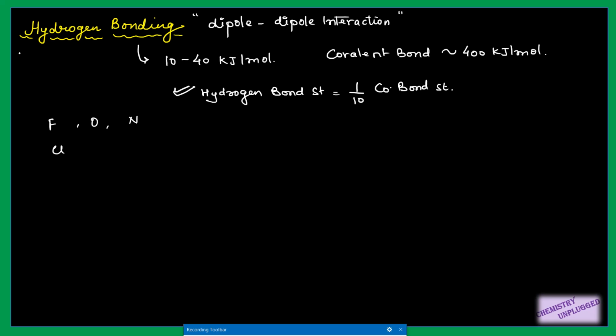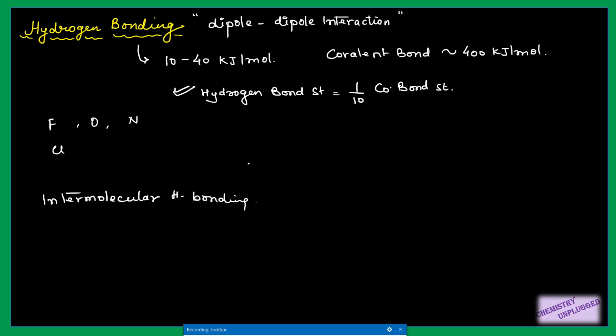So if you observe hydrogen bonding in a molecule, then its boiling point should be increased. Mostly in case of intermolecular hydrogen bonding, boiling point should be increased, right? Because in case of intramolecular, the bonding is within the molecule, so it will not directly affect the boiling point.